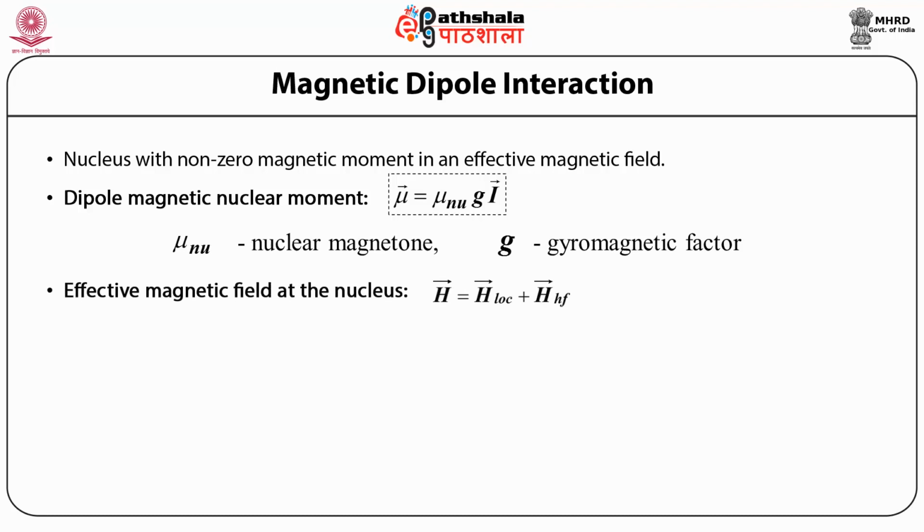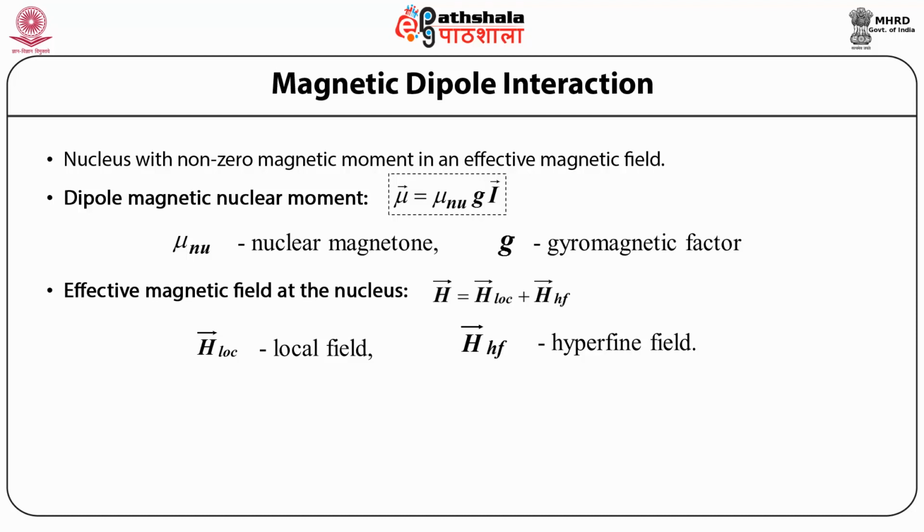The effective magnetic field at the nucleus is given by H equal to H local plus H hyperfine. Now this H local is the local field, so that is why sometimes we call Mossbauer spectroscopy complementary to magnetization, because it gives us a local idea about the magnetism, how the magnetic field is varying locally at the nuclear level.